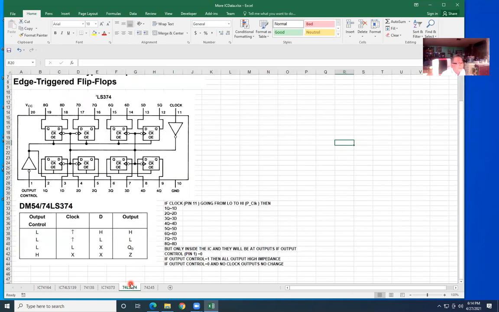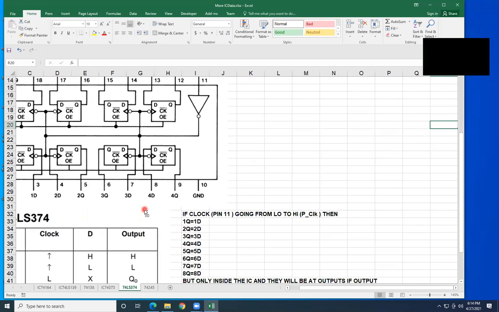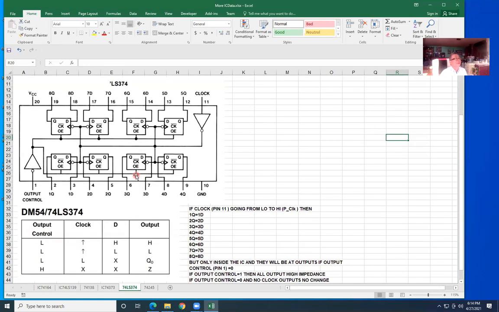And the next one here, very simple, same thing like the other one: 74, 374. The difference will be the clock signal. That means the input only goes inside this IC when you apply the input data and the clock goes from 0 to 1.